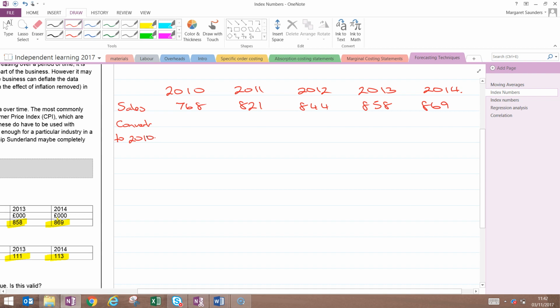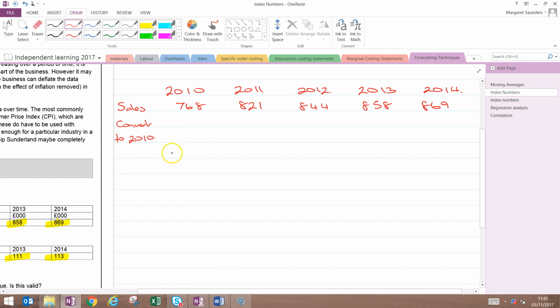So in effect what we are doing is for each year subsequently to 2010 we are going to remove the effects of inflation that have taken place. So all of our sales figures will be expressed as if they had happened in 2010. So this means that our first figure does not change.